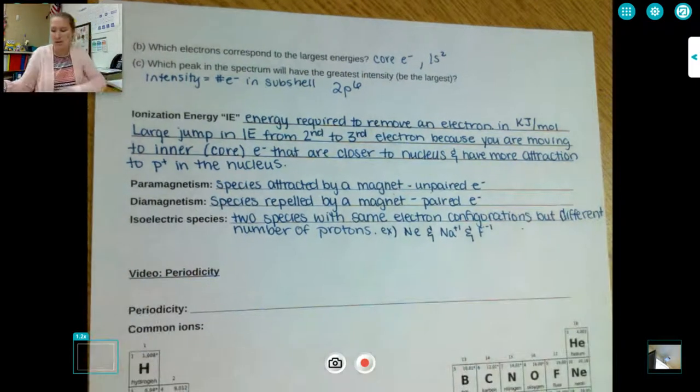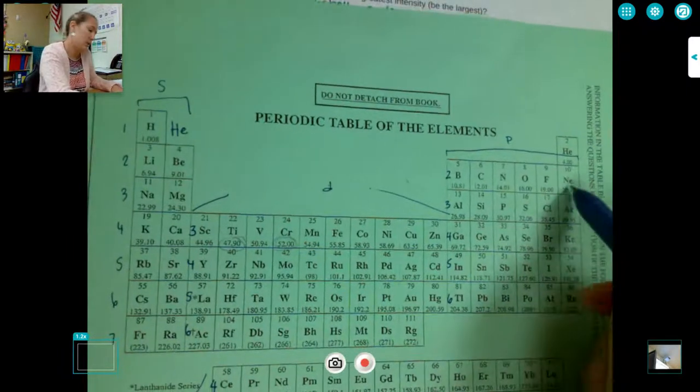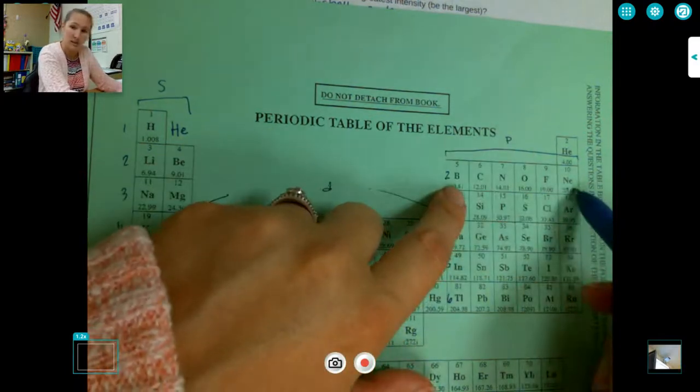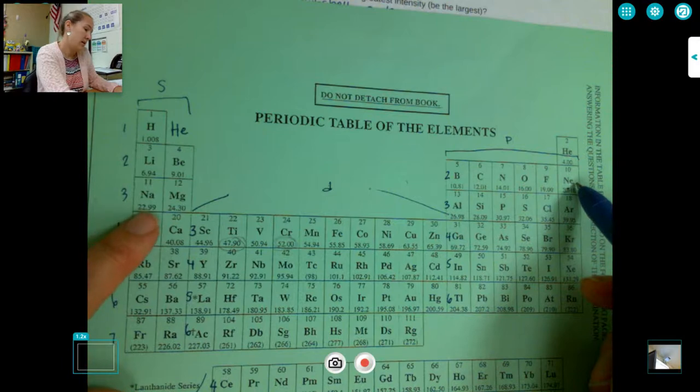So if I looked at the electron configuration of something like neon, neon has an electron configuration 1s2, 2s2, 2p6, okay? Sodium continues on to be 3s1.